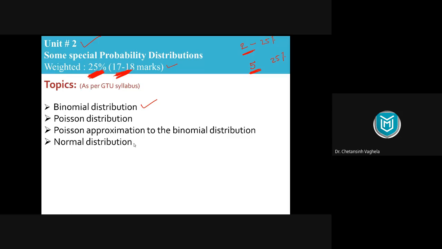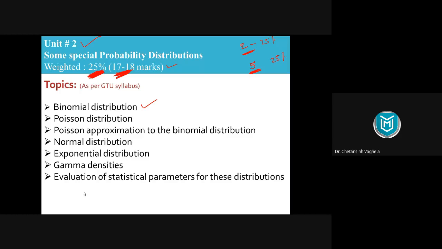Then normal distribution will be there, exponential distribution, gamma distribution, and related to gamma distribution we are supposed to learn all that stuff which is known as gamma density. And last but not the least, evaluation of all the statistical parameters for all the above distributions.